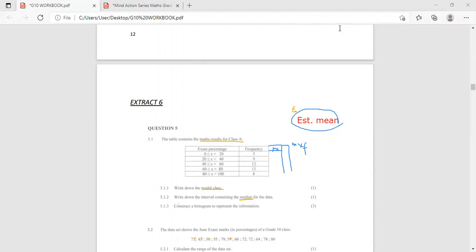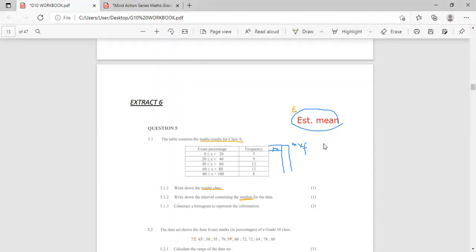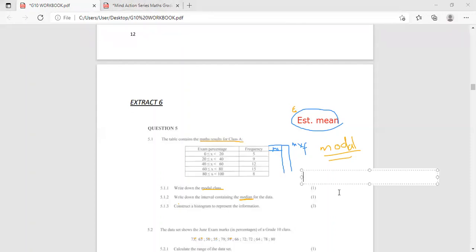The modal class is the interval with the highest frequency.